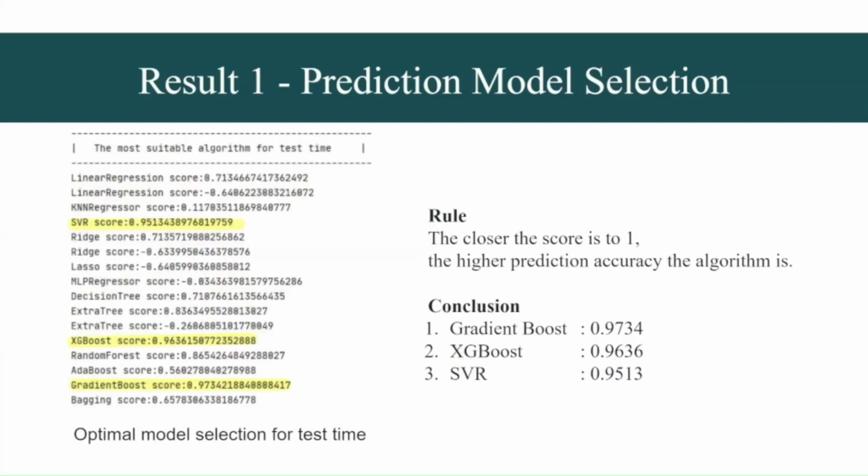We have all the common machine learning models, and for this one we are considering the test time. Based on the rule we set, we will choose the most accurate prediction model by using a specific algorithm. The conclusion is we chose these 3 for the test time prediction, and we will do the same thing for the other 4 aspects.